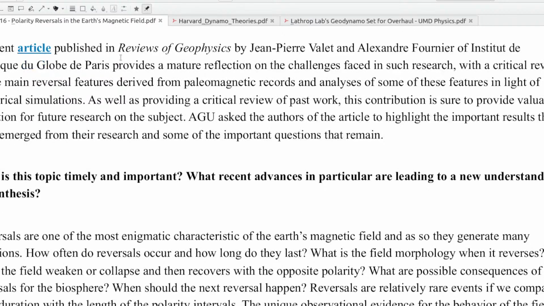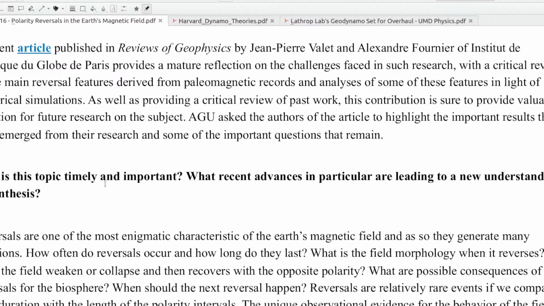A recent article published in Reviews of Geophysics by Jean-Pierre Vallet and Alexandre Fournier of Institut de Physique du Globe de Paris provides a mature reflection on the challenges faced in such research, with a critical review of the main reversal features derived from the paleomagnetic records and analyses of some of these features in light of numerical simulations. As well as providing a critical review of past work, this contribution is sure to provide valuable direction for future research on the subject.